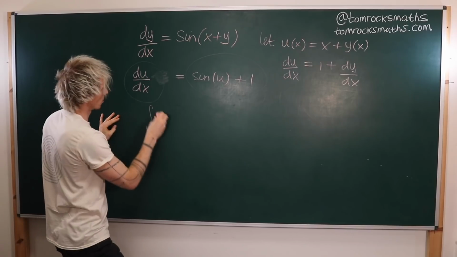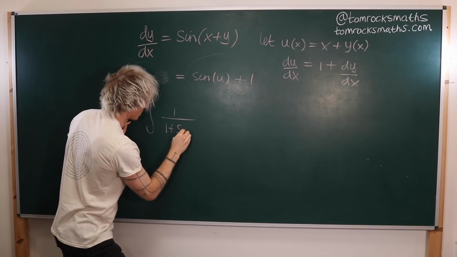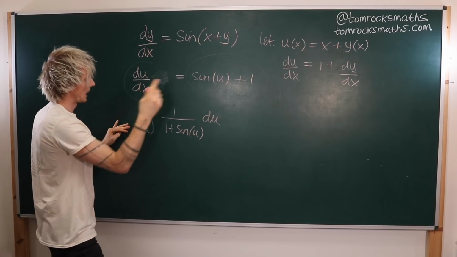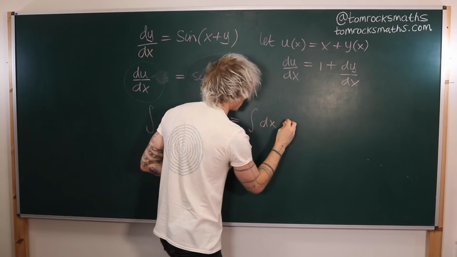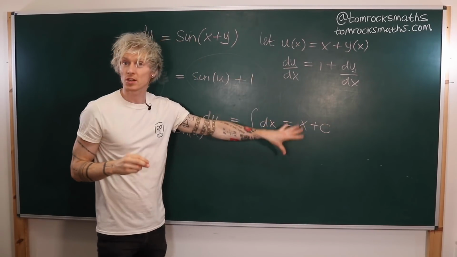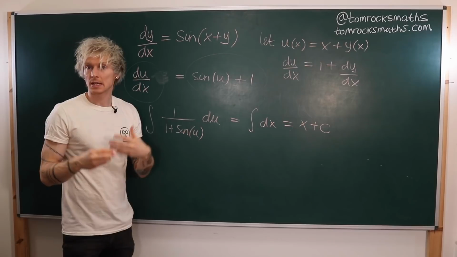So I get the integral of 1 over 1 plus sine of u integrated with respect to u, and that's got to equal the integral dx, which of course we can just do now is x plus c. So my integration constant is here, so we don't have to worry about it on this left-hand integral.